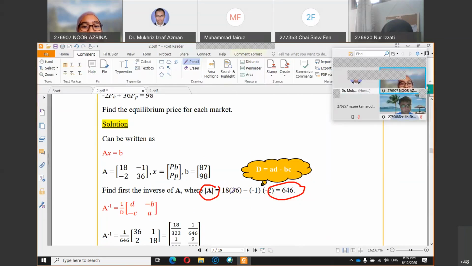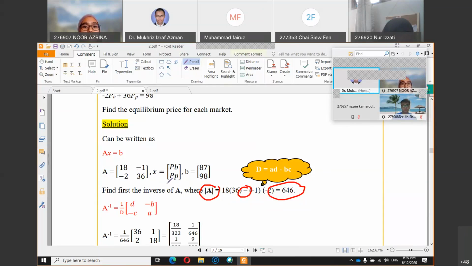Inverse. Find the inverse of A. So yes, the inverse of A is 646. The inverse of A is obtained by cross multiplying, and the main thing is of course to subtract. For a 2 by 2 matrix it is straightforward because you simply do cross multiplication.